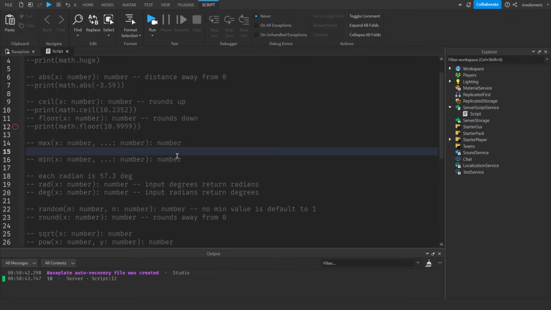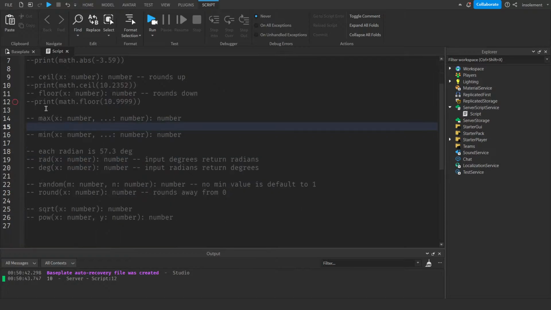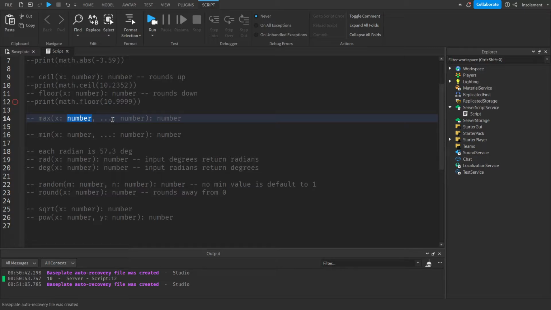So our next function is math.max. It takes in a number and it takes in 3 dots and a number. So what these 3 dots mean is, it means however many you want. So it can be like 10, 20, just however many you want, but it always has to be a number.